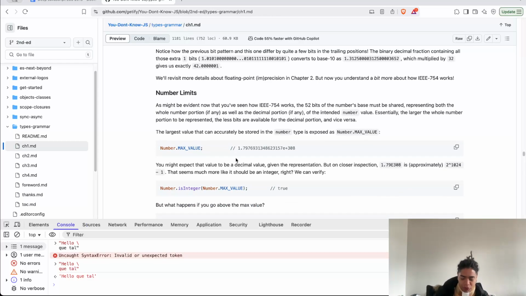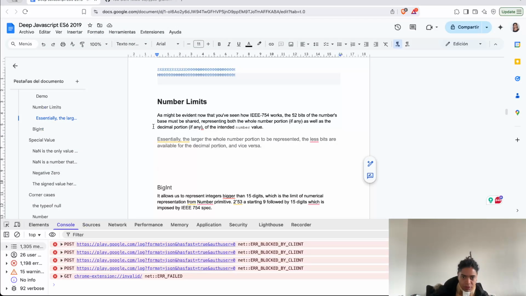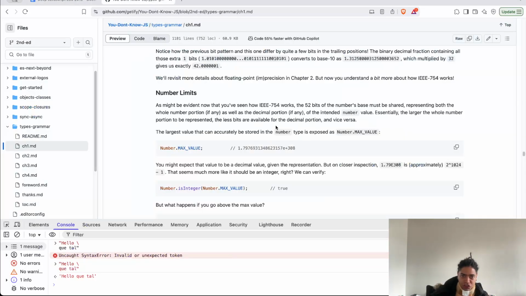Essentially, any large numbers with a whole part, the larger the whole number portion is, the fewer bits are for the decimal.